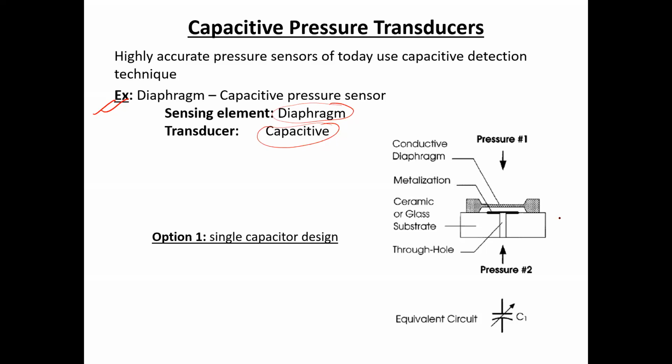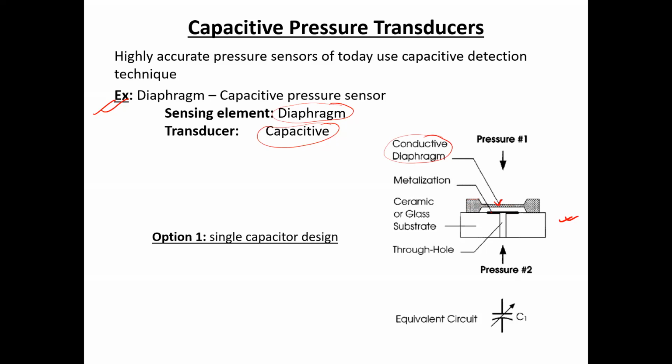So here in this structure shown over here, there is a diaphragm as indicated over here. The diaphragm is actually made of conducting material, so that the diaphragm itself can be working as one of the plates of a parallel plate capacitor.